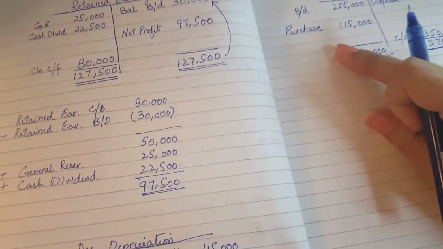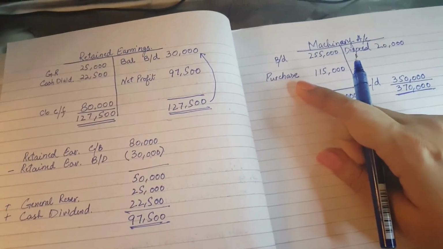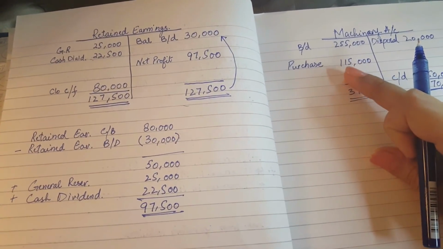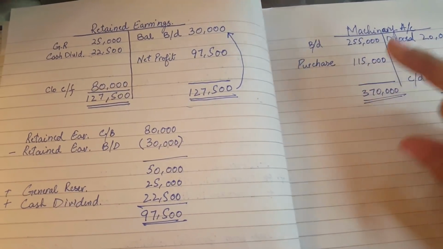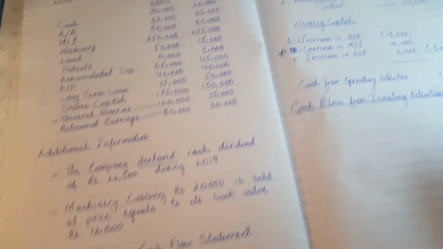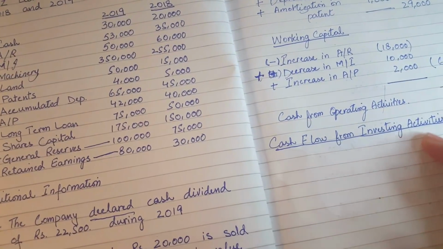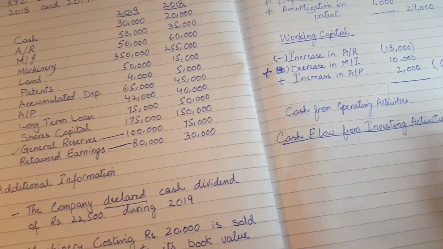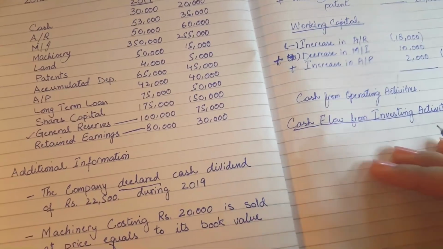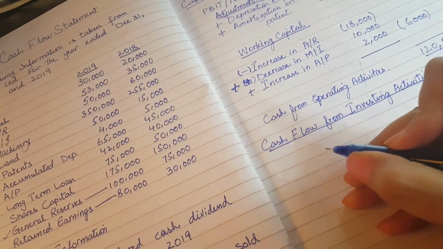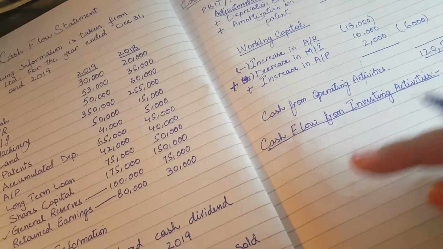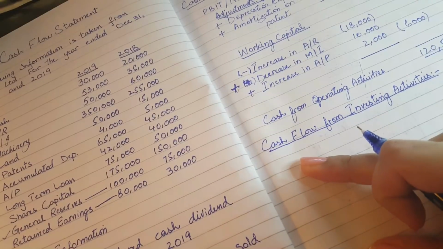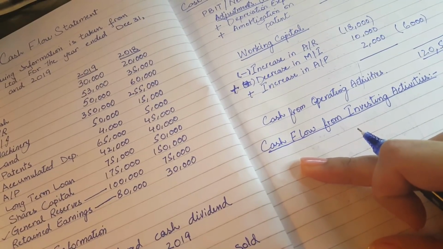So guys, this item, the purchase of new machinery at 1,15,000, is a cash flow from investing activities, because a fixed asset is purchased. Now from cash flow from investing activities, this purchase of machinery is deducted because it is an outflow of cash.